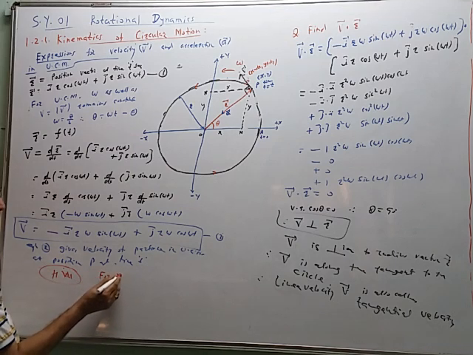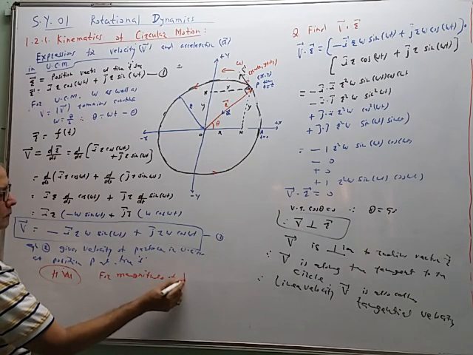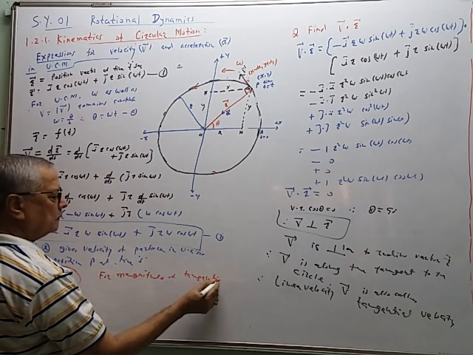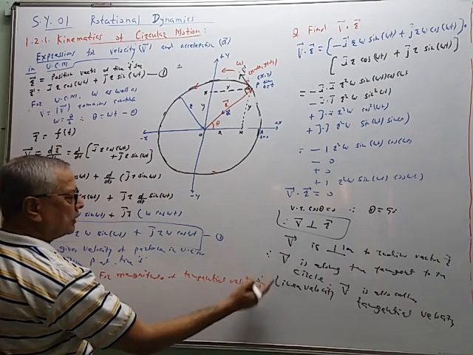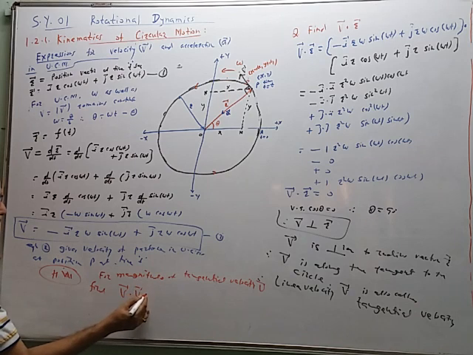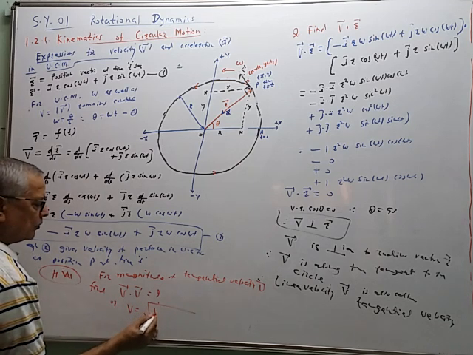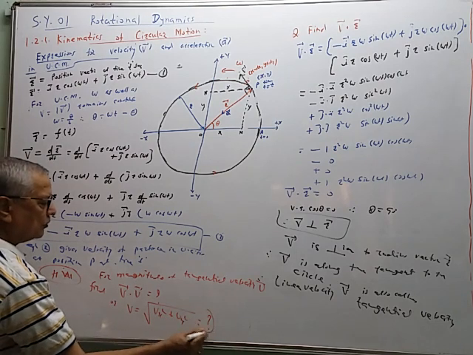For magnitude of tangential velocity V, find V dot V, or V is equal to under root Vx square plus Vy square is equal to question.